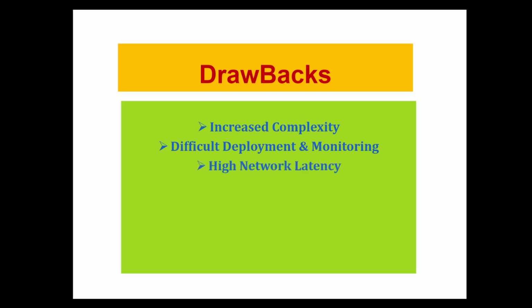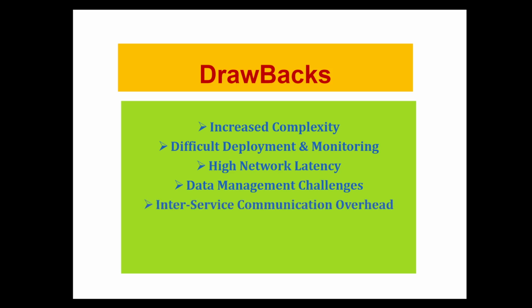High network latency: microservices communicate via APIs using HTTP, gRPC or message queues, which adds network overhead as well, and latency issues may arise due to frequent service-to-service calls. Data management challenges: each microservice may use its own database, making data consistency difficult, which requires strategies like event sourcing, CQRS or distributed transactions.